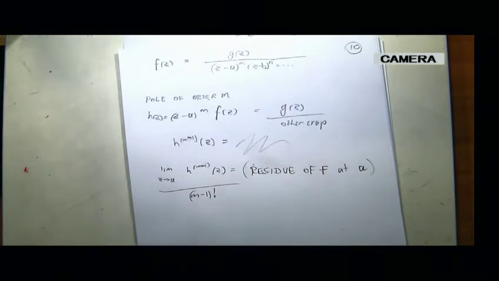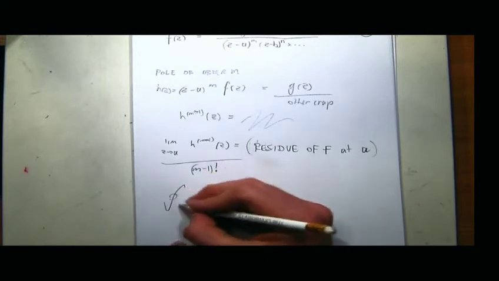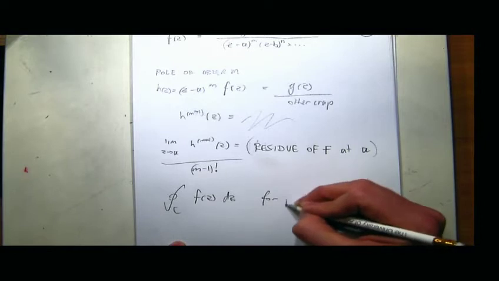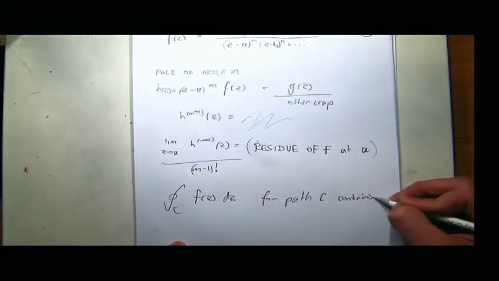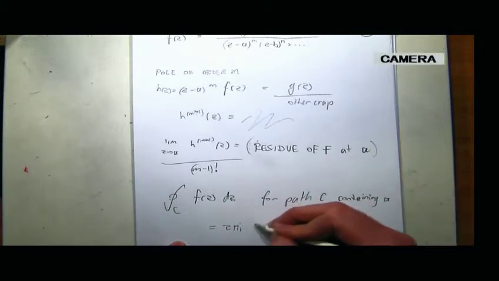Right, that's the residue. And then any integral around any path C containing the point A is 2 pi i times this residue.